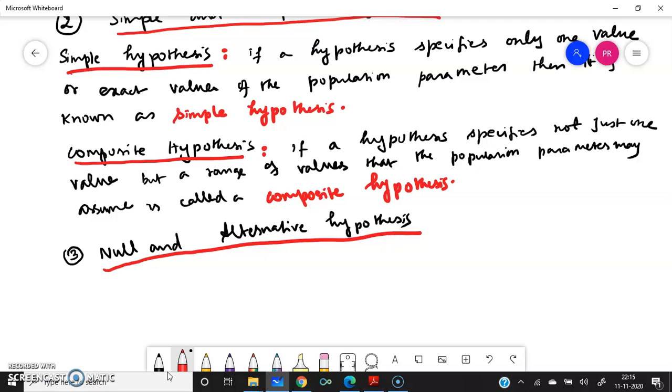We started with this lesson, what is a hypothesis. Then we learnt about two divisions of hypothesis, simple and composite hypothesis. Now we are going to learn about what is a null hypothesis and what is an alternative hypothesis.